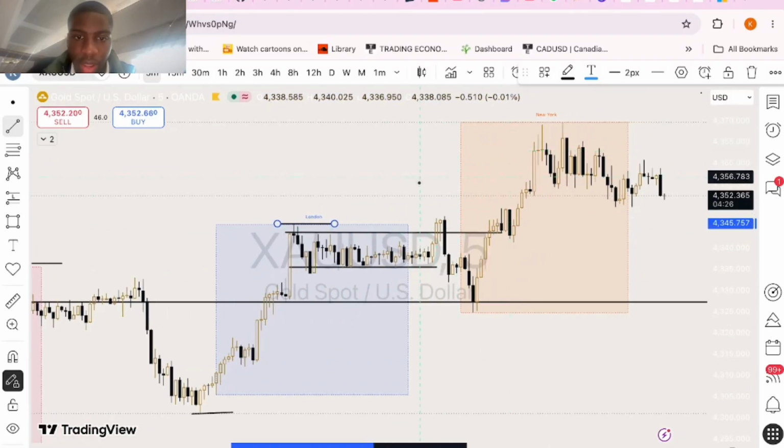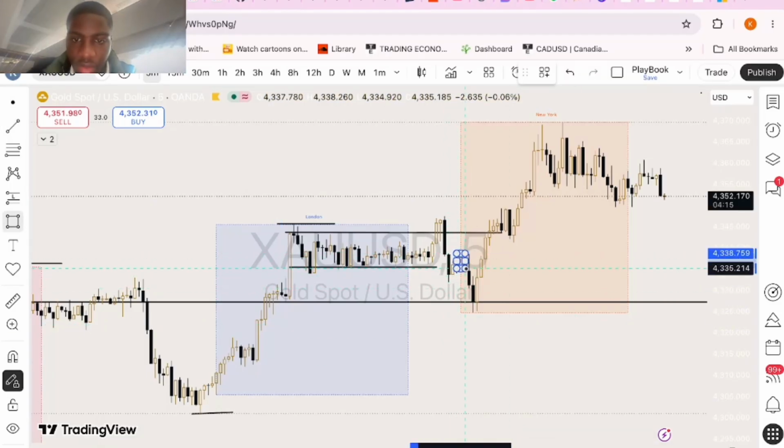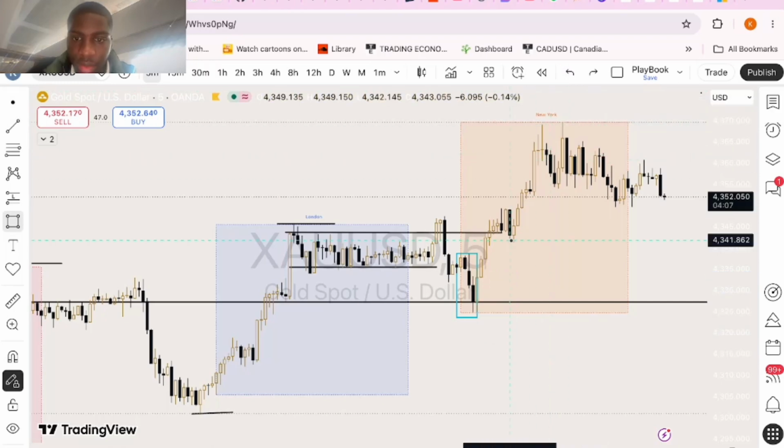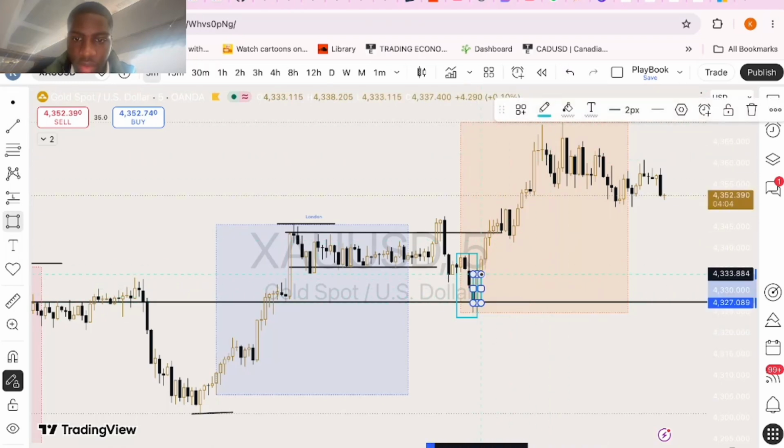Then prior to the New York session, price consolidates into the close of London. It tries to break out, it dumps down, and then you have this peak formation. You have 1, 2, 3 candles followed by an engulfing candle back to the upside, giving us the low of the New York session before price pushed up another 200 pips from this level, creating a higher high.